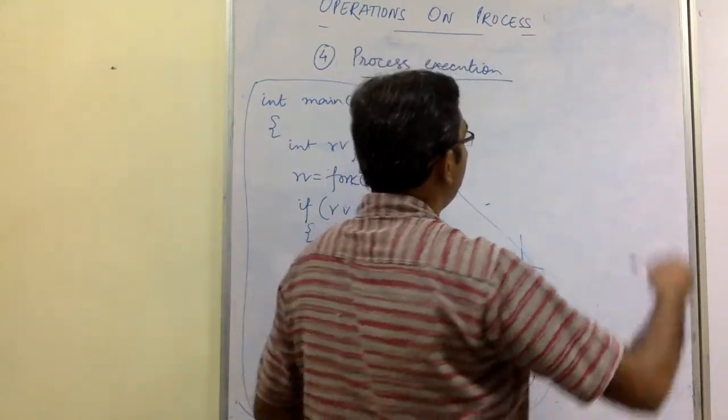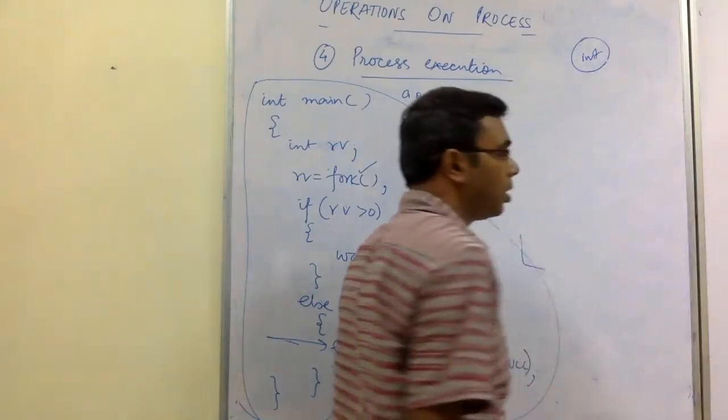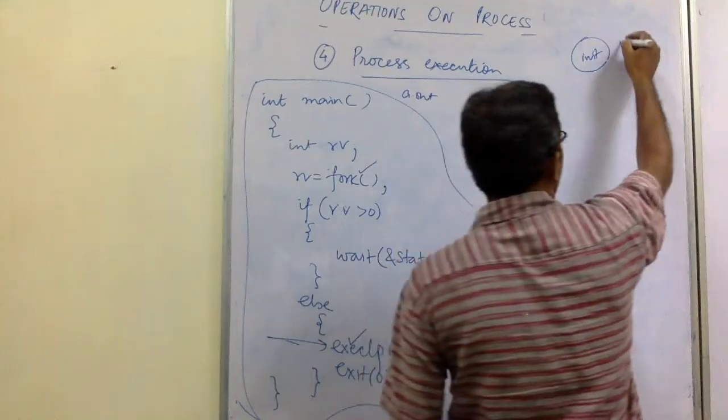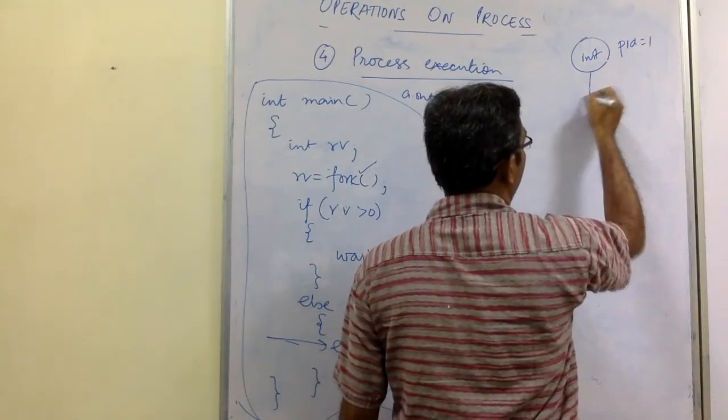So we have a first process called init, which starts the moment you turn on your system, which has a PID, let's say, equal to 1. Now this eventually gives rise to another process.